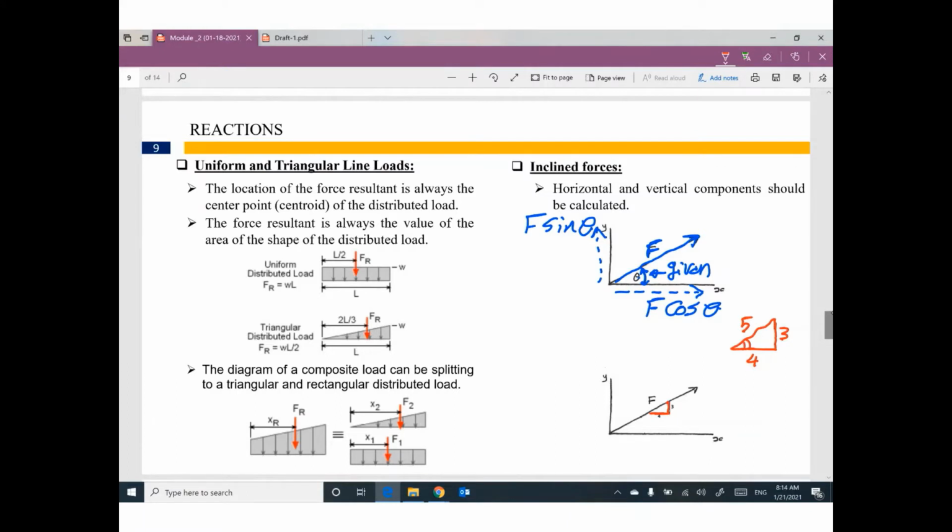For this angle, theta, I can say sine theta equals the opposite, 3/5. Cosine theta equals the adjacent dimension, 4 divided by 5. This angle is equal to this one. So this component will be F cosine and this component will be F sine.